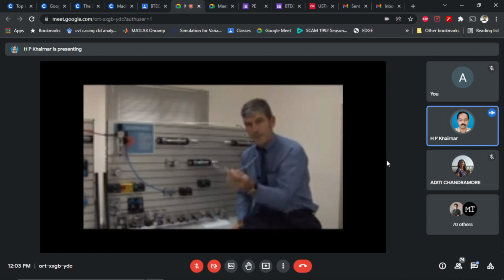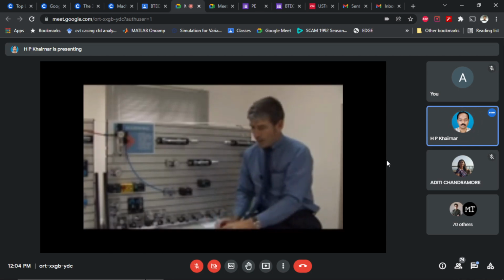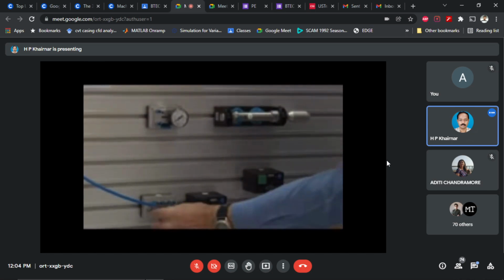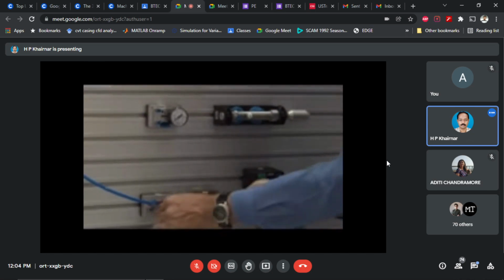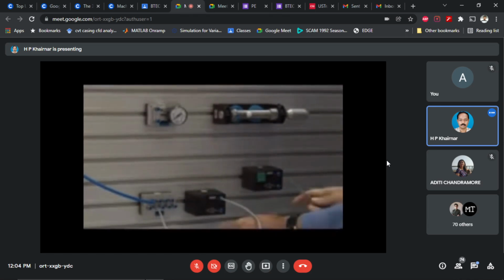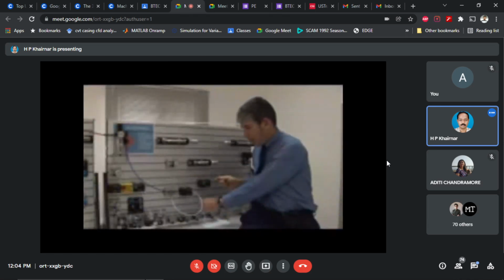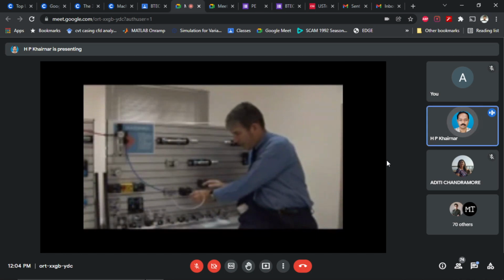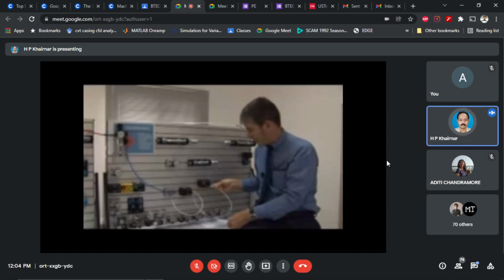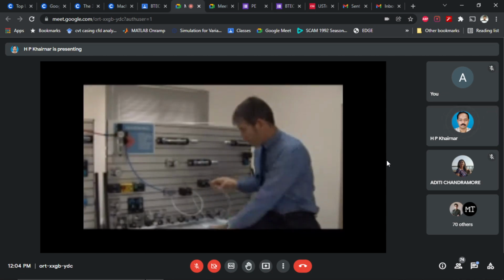We're going to be using this pneumatic hose to connect up our circuit. And I'll do that now. So we're just pushing the hosing, taking note of the port numbering, which should match our simulation that we had on the computer.